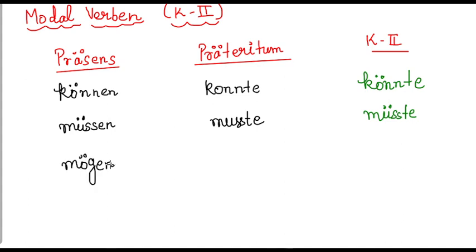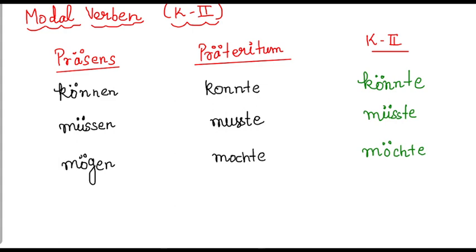Mögen is to like something. What is its Präteritum? Mochte. As per the rule, with an umlaut, it will be möchte. I think somewhere this word is clicking for you: möchten, would like to. So mögen, mochte, möchte.